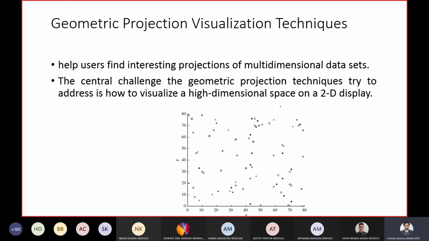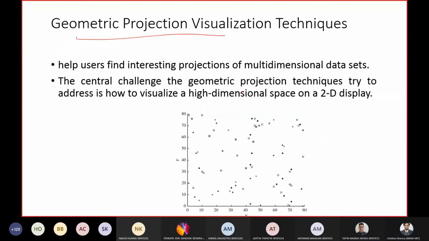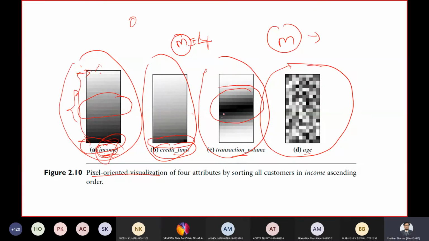So the next thing is geometric projection of the data. Okay, there is one drawback with respect to your pixel oriented method. That is, if the data is multidimensional, or if you want to understand the distribution of data in a multi-dimensional space, then you cannot actually do it in the pixel oriented visualization.